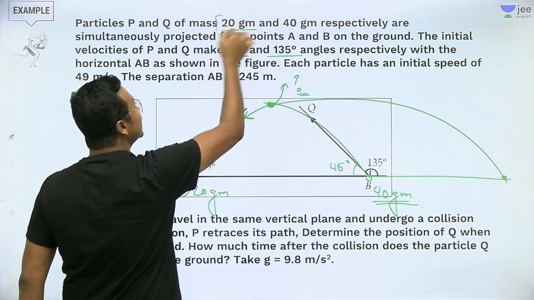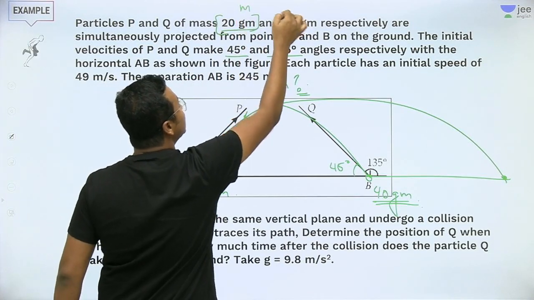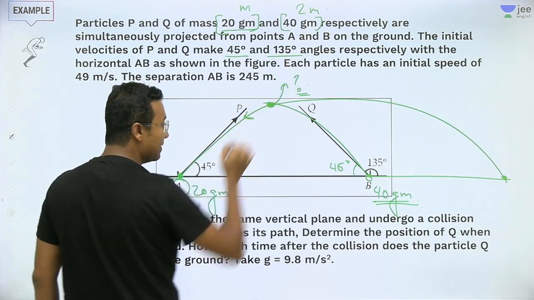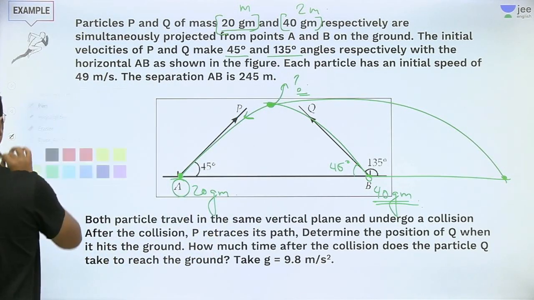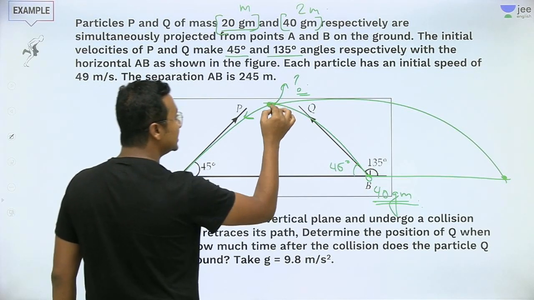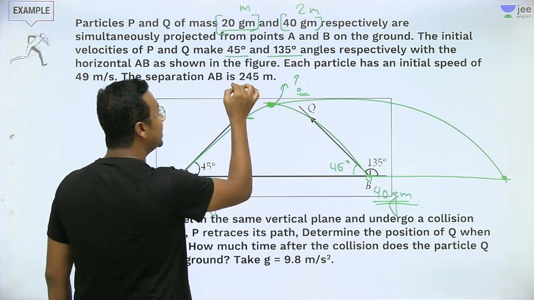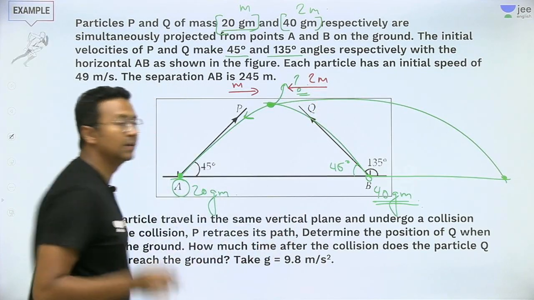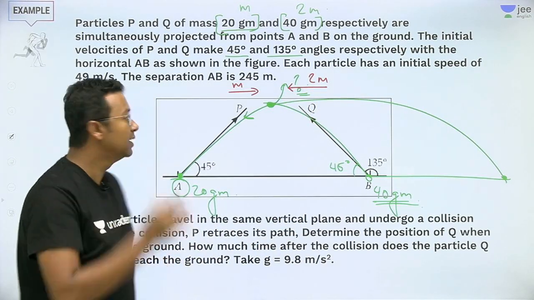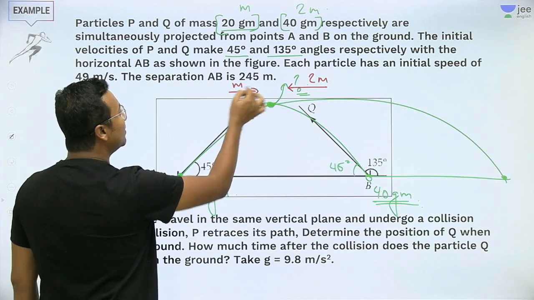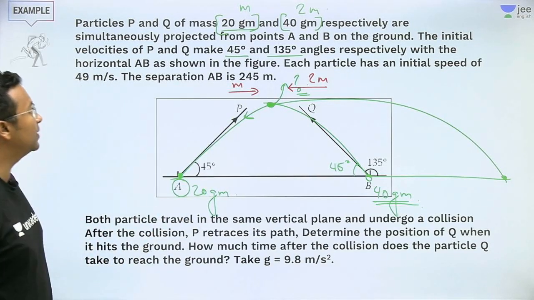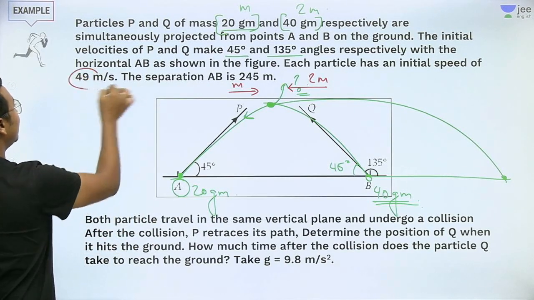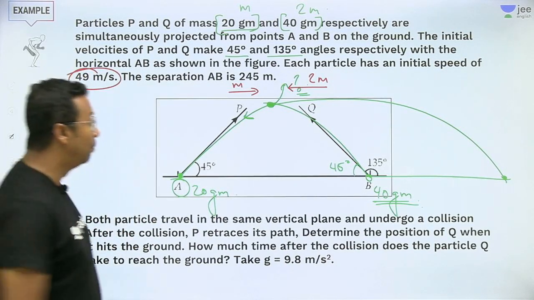Let's say this has a mass m, so this mass be 2m. So P has a mass m and the other mass is 2m. So this is going to hit m and here another particle 2m is coming. Try to understand this. This is going to come with what velocity? See, the initial velocity is 49 meters per second for both the particles.